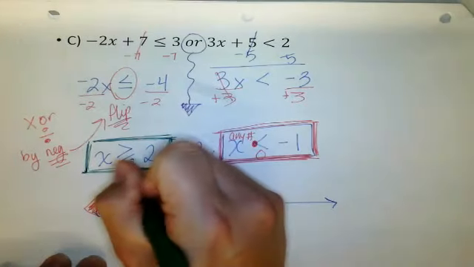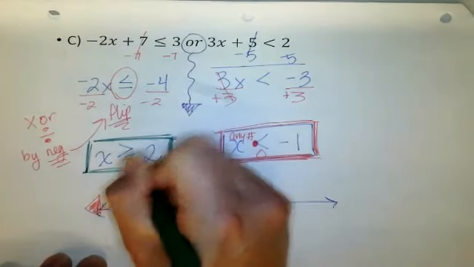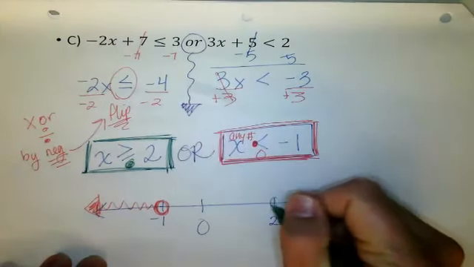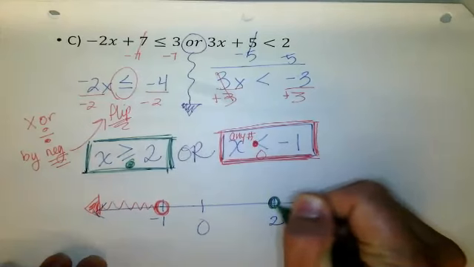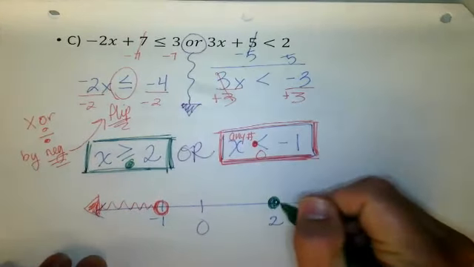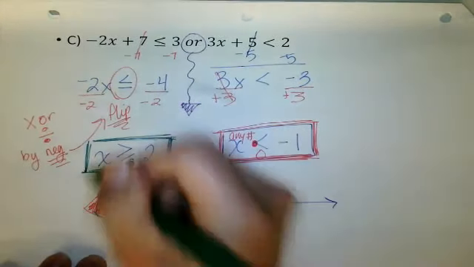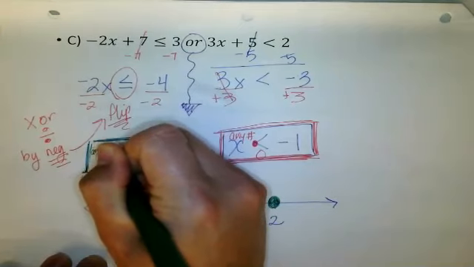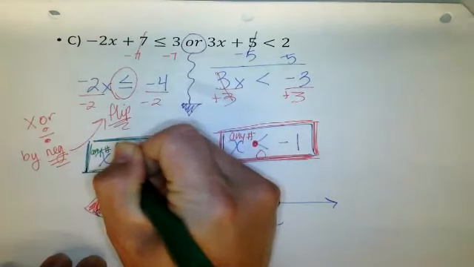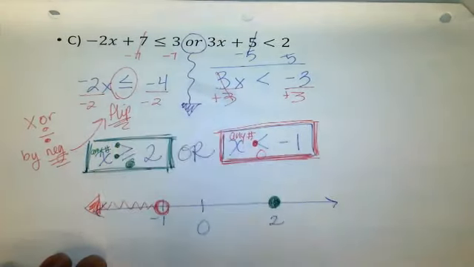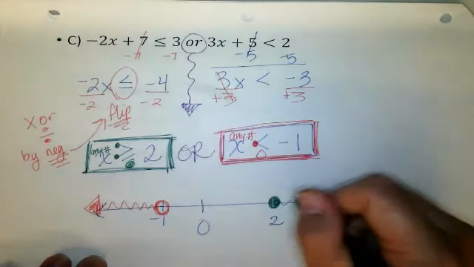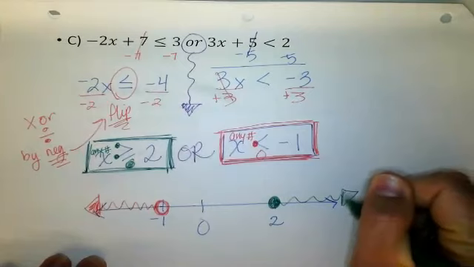A solid dot. Very good. Because it's got the equal to bar, equal to is included. So we want to use a solid dot there. And as I read this, I'm going to say any number, I'm on the big side, bigger than 2. Any number bigger than 2 would be to the right.